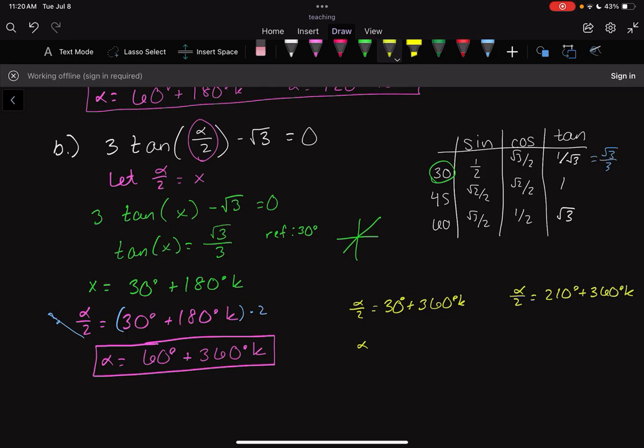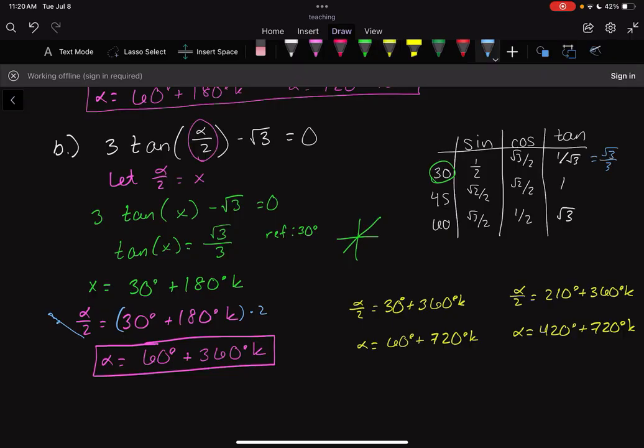You'd have multiplied these by 2. So this would have been 60 plus 720K, and 420 plus 720K. So this is one way to do it.